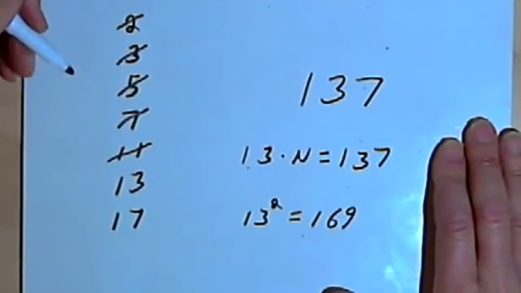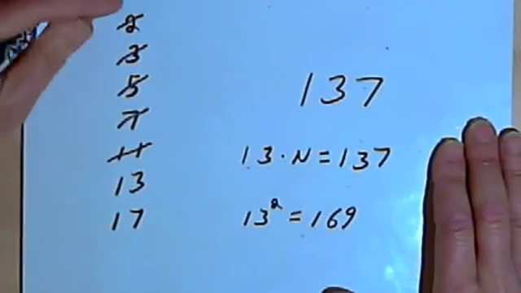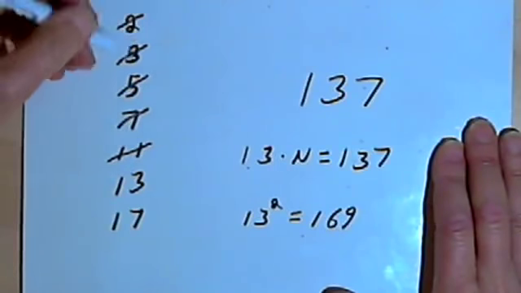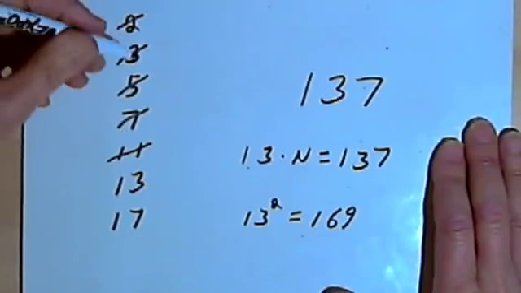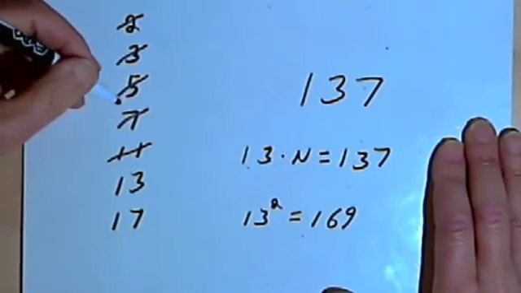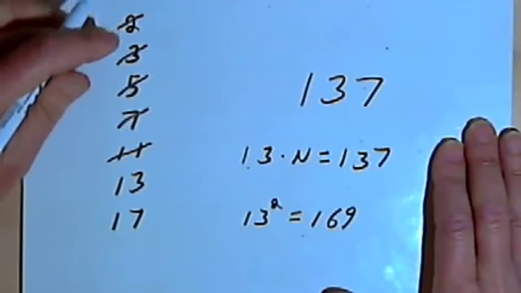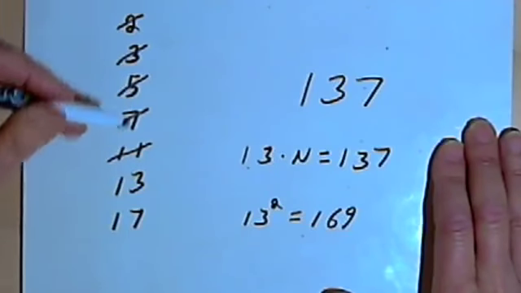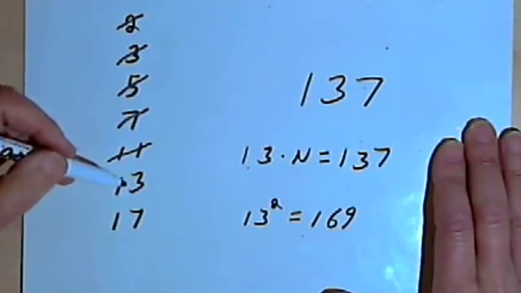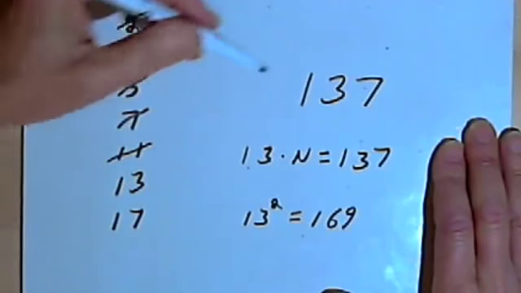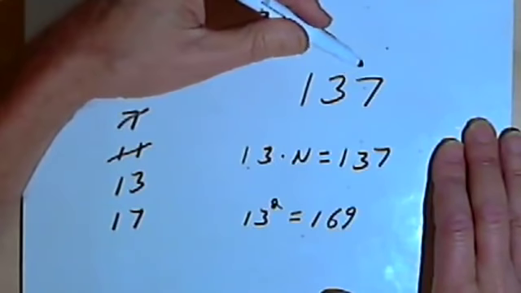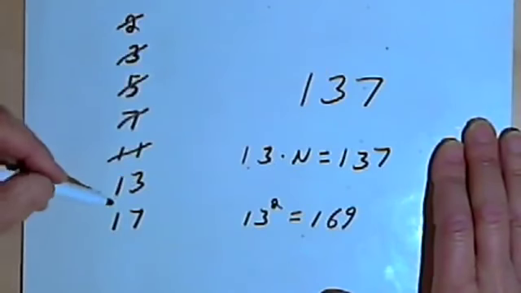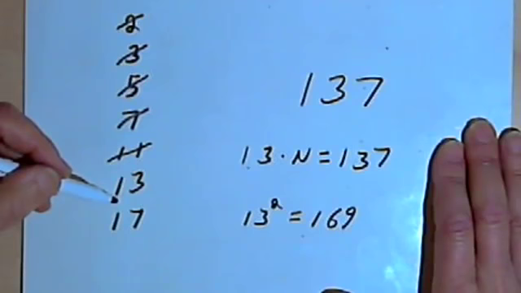So if we're checking to see if we've got a prime number, we can rule out a whole bunch of numbers from our list. The first thing is we're not going to check with any number that's a composite number. We're only going to use prime numbers. And the second part of the rule is going to say that once we get a number that has a square bigger than the number we're checking, then we've already gone too far and we can stop.